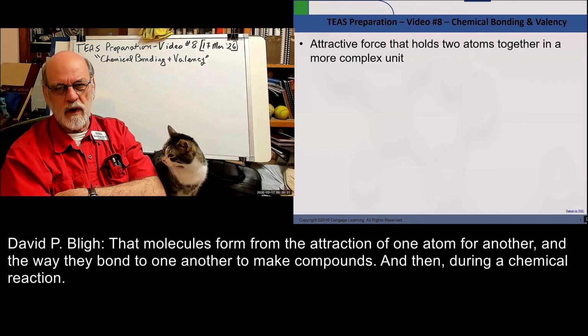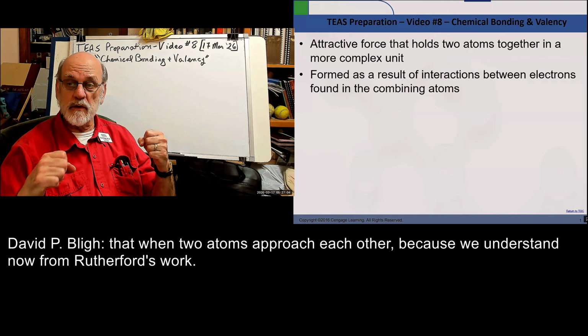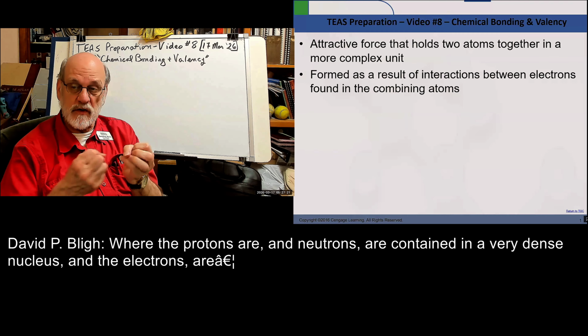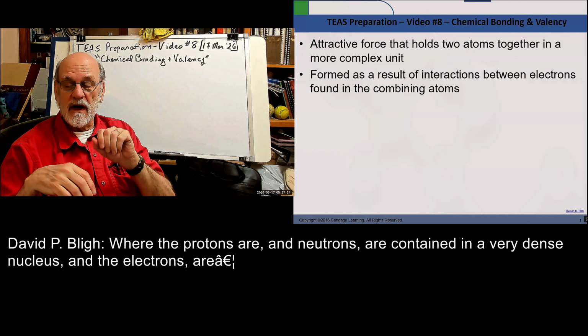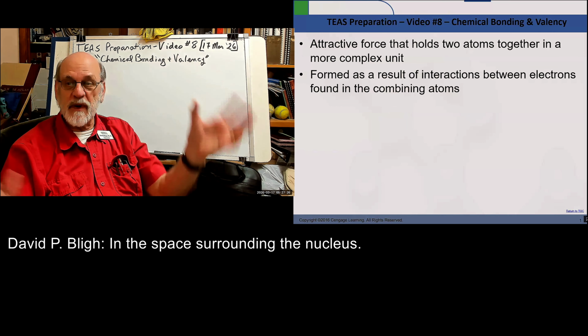What we've discovered is, and it's logical, that when two atoms approach each other, because we understand now from Rutherford's work that the atom is best modeled as a nuclear arrangement, where the protons and neutrons are contained in a very dense nucleus, and the electrons are in the space surrounding the nucleus.